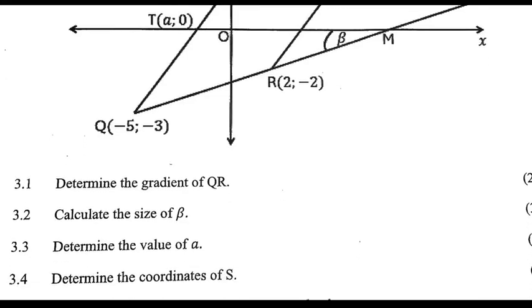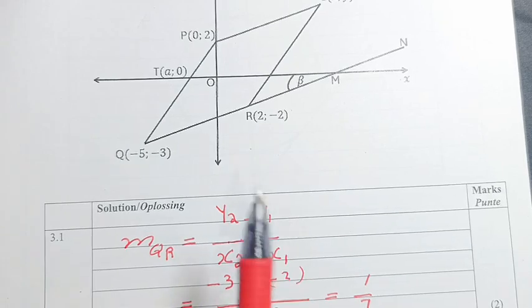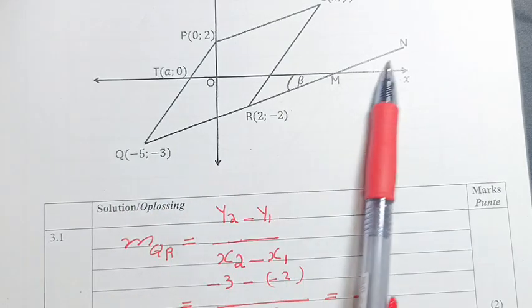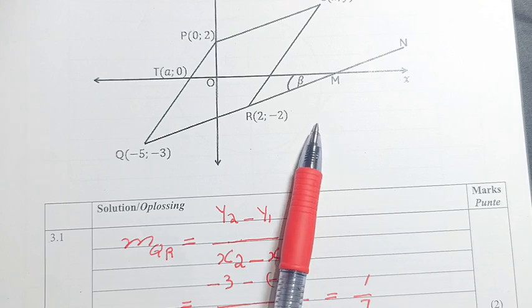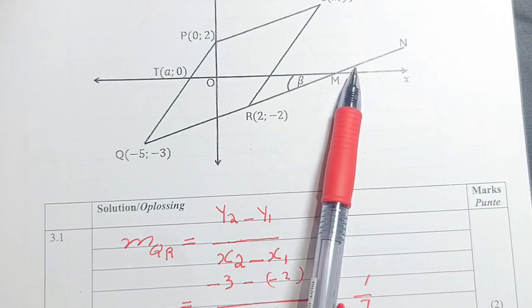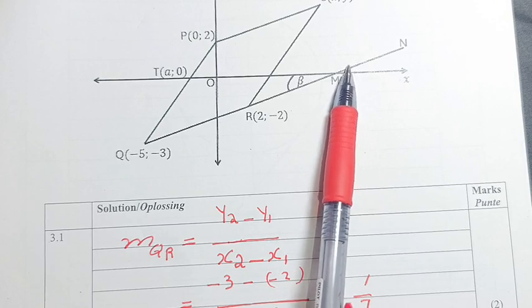The second question says calculate the size of beta. Just remember beta is here. We need to calculate the size of beta. We have the gradient of QR, which is 1/7. So the line gradient is the same. For the angle of inclination, where the line touches the x-axis, that's going to be my theta.